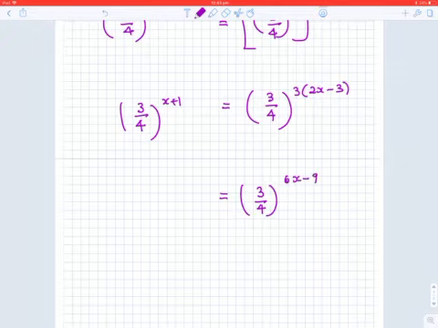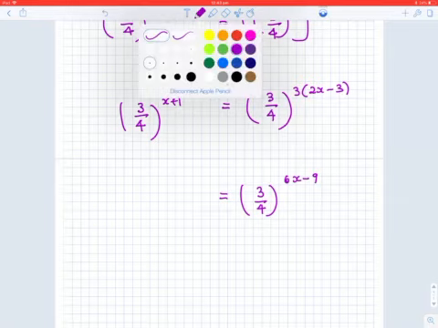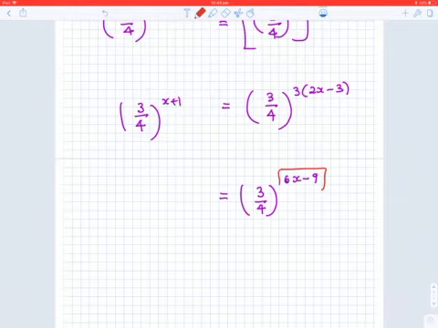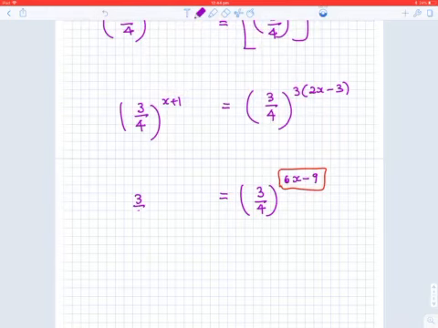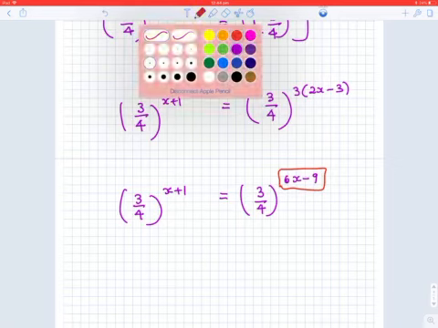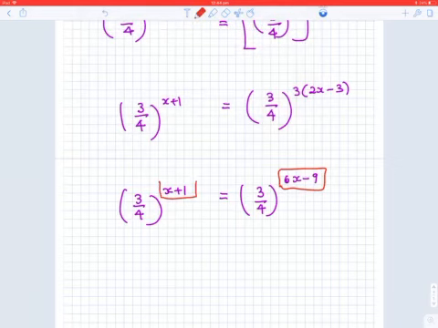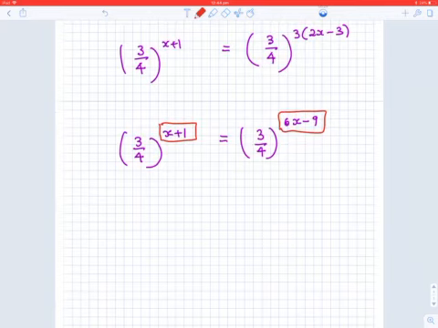Now I'm just going to use the laws of indices. This becomes 3/4 to the power 6x minus 9, so the power component would be 6x minus 9. And here I'm going to write this as 3/4 to the power x plus 1.